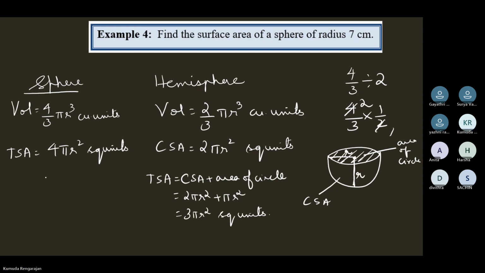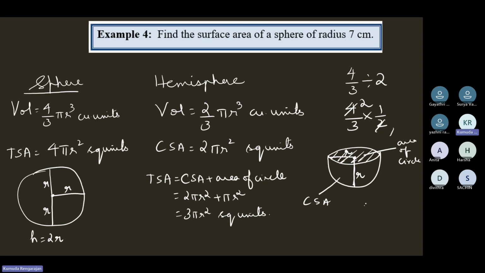In a sphere, the height is twice the radius. Height of the sphere is equal to 2 times the radius. Height of the sphere is equal to 2r.